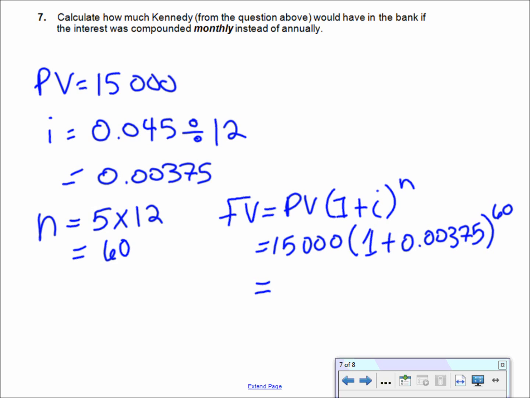Again, let the calculator do the work. Okay, and I got $18,776.94.